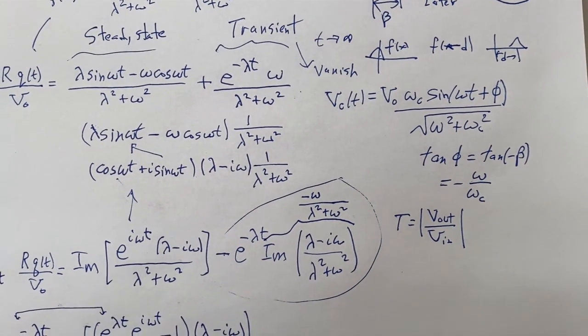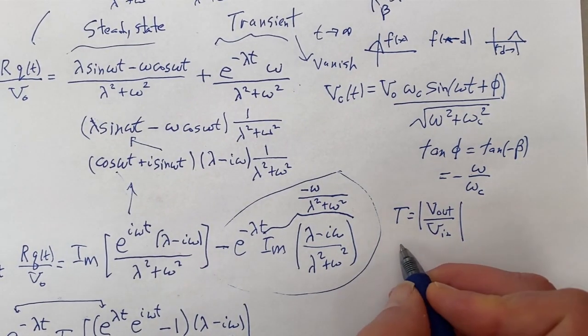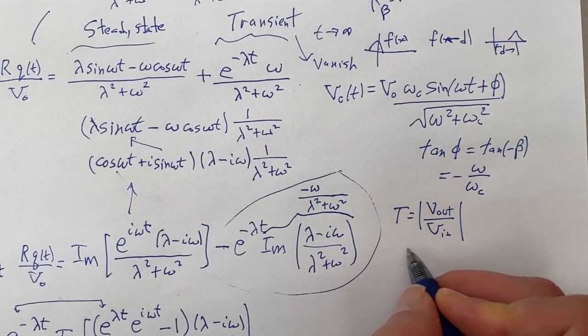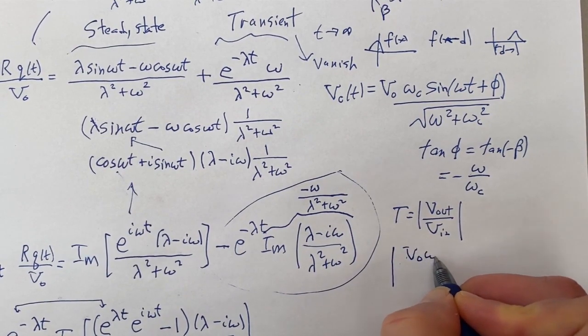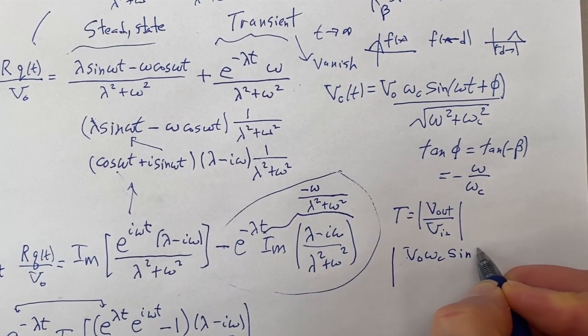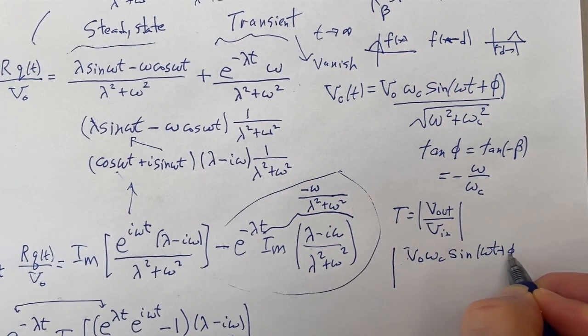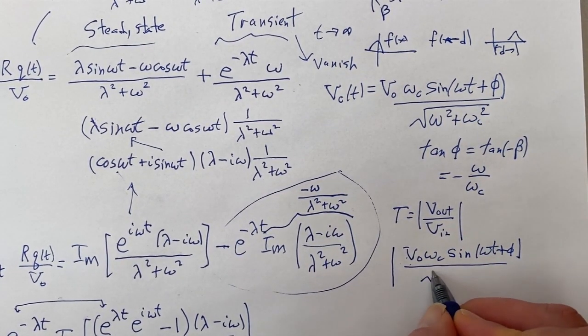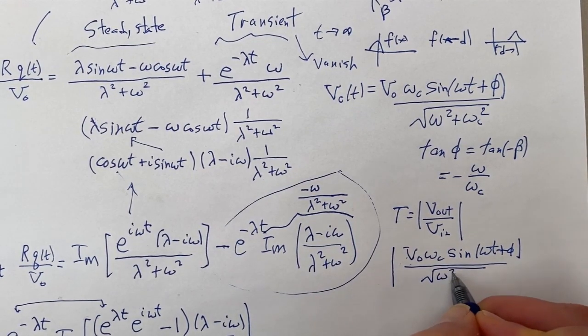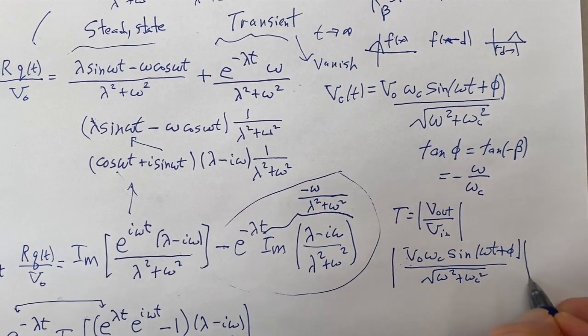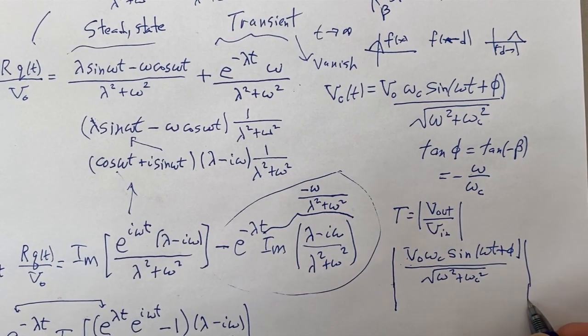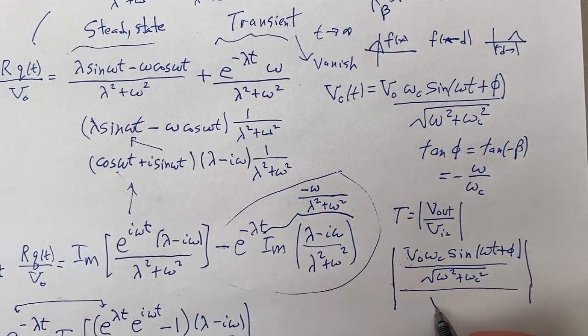That means we need the magnitude, and here the output is going to be our solution, which is this expression. And we have to divide that by the input, which is the V naught sine.